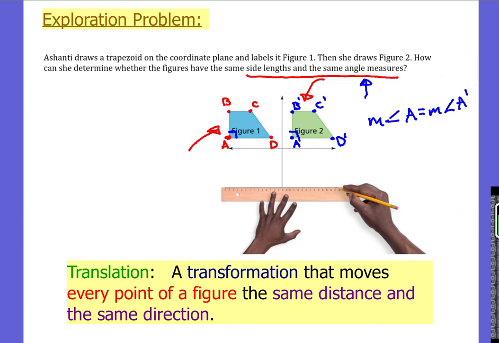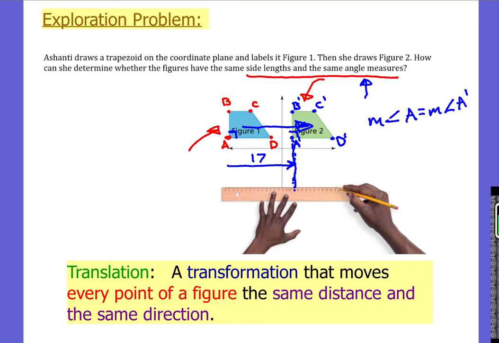So what you did in this exploration is actually called a translation. If you look at these points over here, it looks like about 17 probably. You could say this was translated 17 units to the right. A was translated, B was translated, C was translated, D was translated, and what you got was a figure that was translated to the right.